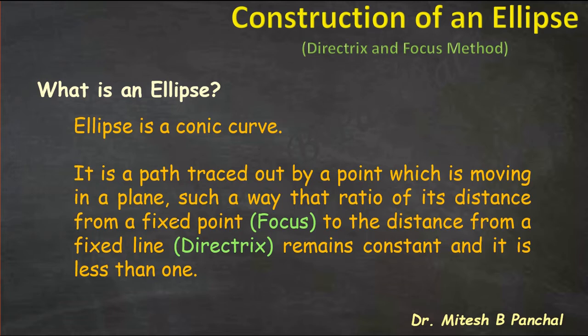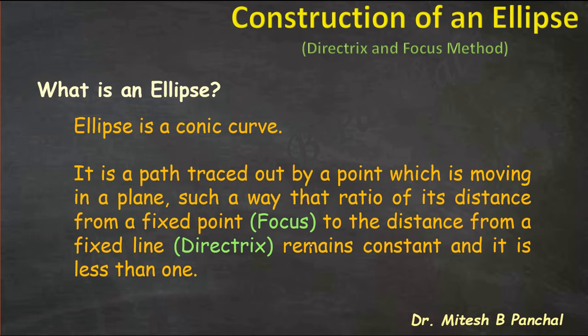For this particular method, the definition of an ellipse is like this: it is a path traced out by a point which is moving in a plane in such a way that the ratio of its distance from a fixed point, that is the focus, to the distance from a fixed line, that is the directrix, remains constant and it is less than 1.